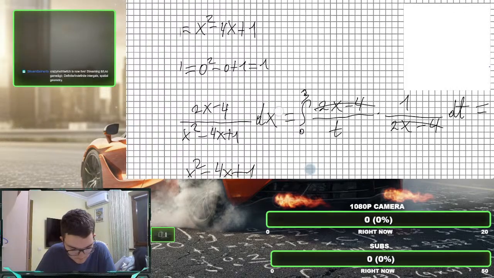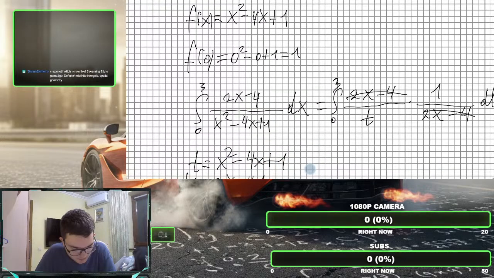So yeah, I have that. So f of 0 is 1. F of 3 is 9 minus 12 plus 1.